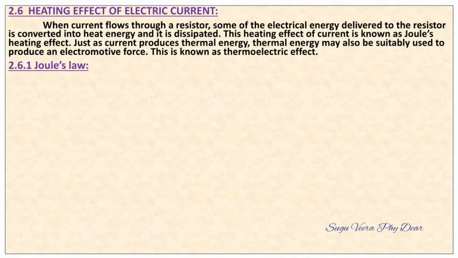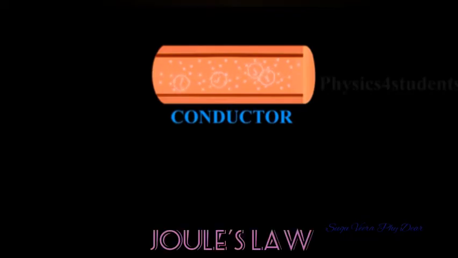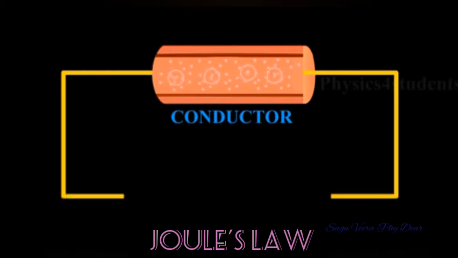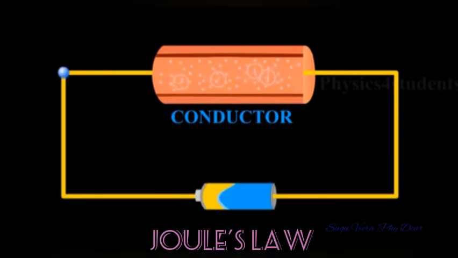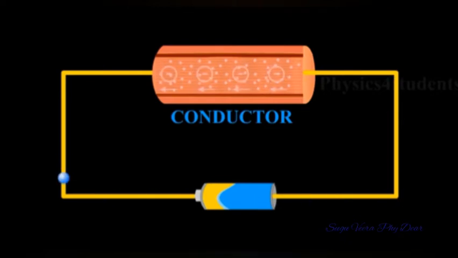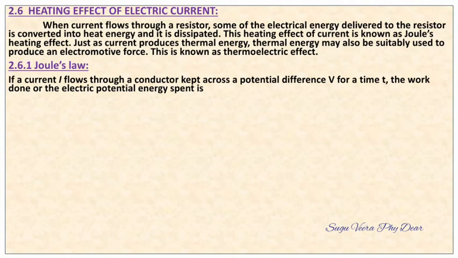Joule's law of heating. If a current I flows through a conductor kept across a potential difference V for a time T, the work done or the electrical potential energy spent is W equal to VIT, where W is work done, V is potential difference, I is current, T is time.